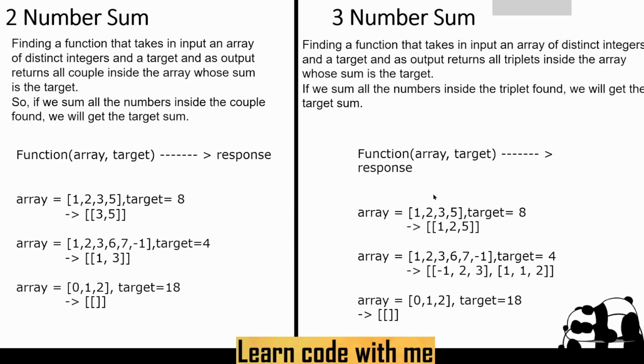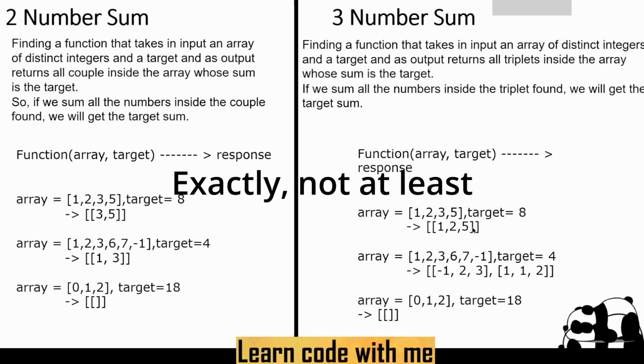I don't mind that the couple 3 and 5 makes 8. The three-number sum is the same problem as the two-number sum, but with triples, so I need at least three numbers.